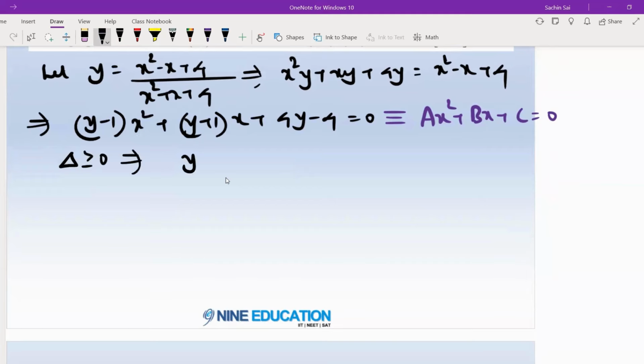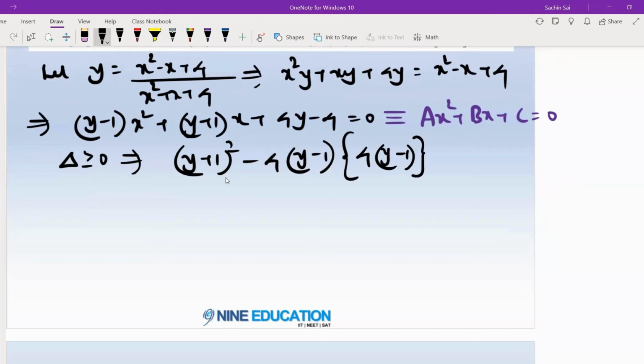That means y plus 1 whole square minus 4 times y minus 1 into c, here is 4y minus 4. I can write that as 4 times y minus 1 again, greater than or equal to 0. So you have y plus 1 whole square minus 16 times y minus 1 whole square greater than or equal to 0.